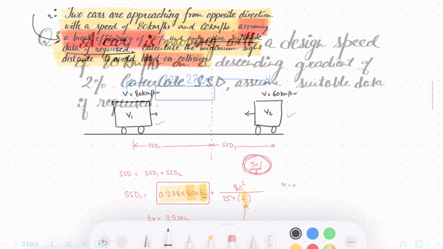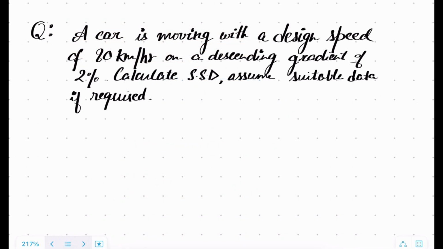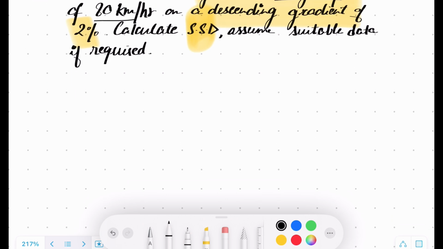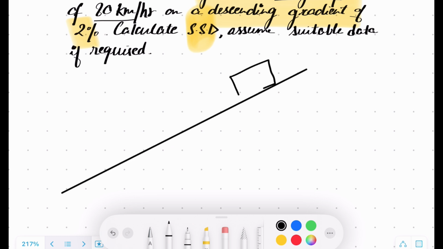Okay, so the last question is that we have a car that is moving with a design speed of 80 km per hour with a descending gradient of 2%. So we have to calculate the SSD, and we have to assume any suitable data. Now the difference from the previous question is that the vehicle is descending the gradient.